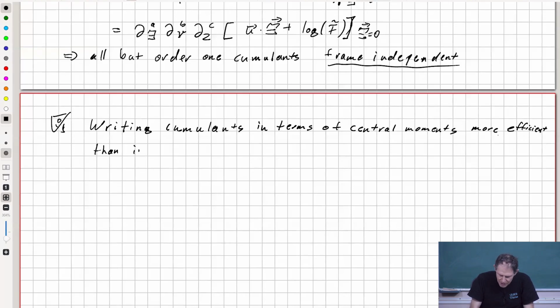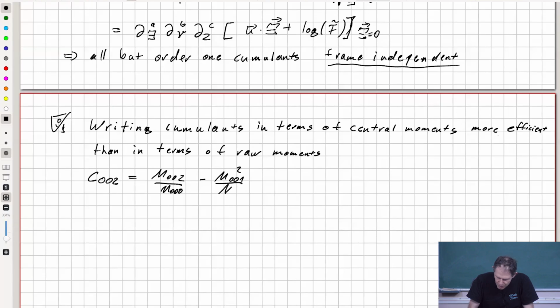We'll just see why this is the case. So let's look at this cumulant C002, which is M002 divided by M000 minus M001 squared and M000. Okay.